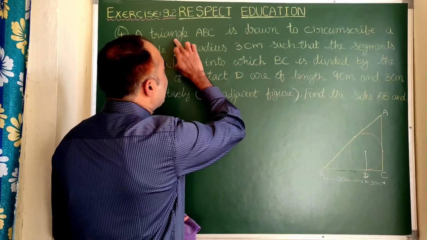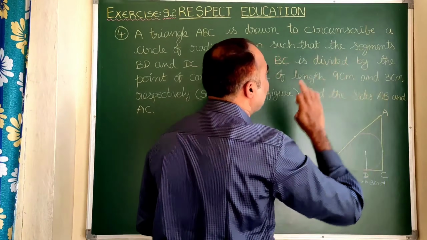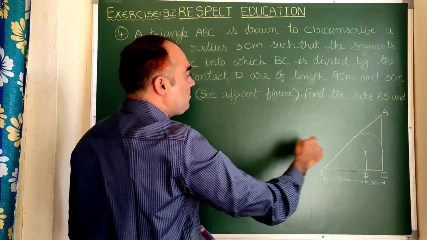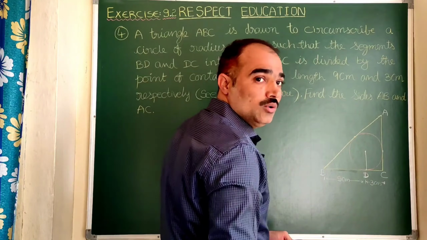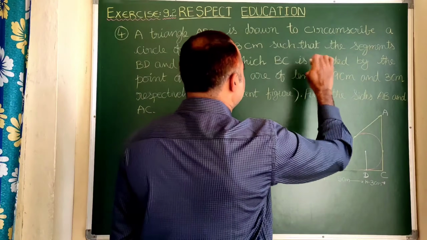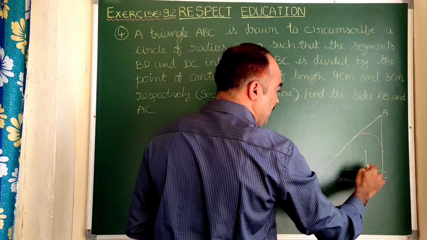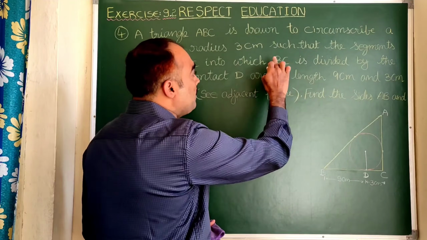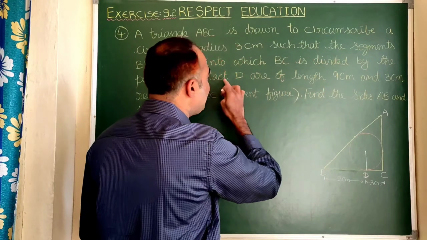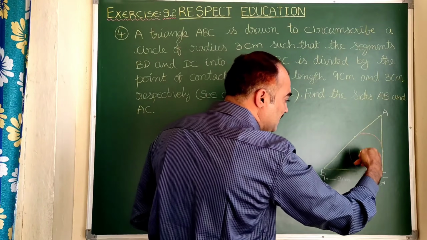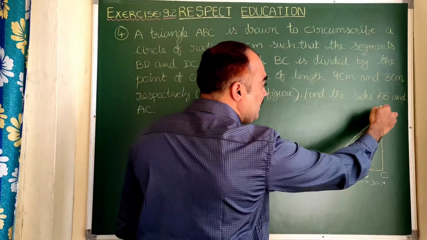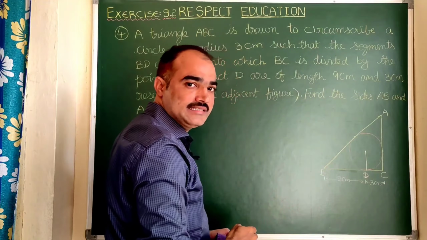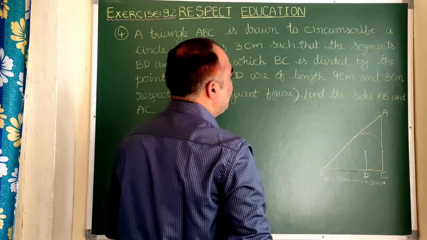Here, this is the triangle ABC. It is circumscribing a circle of radius 3 cm. This is the circle whose radius is 3 cm, such that BD is one of the segments, and DC, into which BC is divided by the point of contact D. Clearly AC, BC and AB, these three are the 3 tangents of this particular circle.